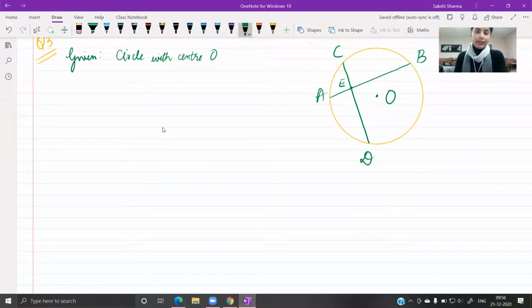So I am just writing down that I have been given a circle with center O, but you can always name your circle the way I have told you. Circle in the brackets, center comma the radius, and you can write down the radius R for this one also, doesn't matter, although we will not be using it in any of our proofs. AB equals CD. These are the chords. You can write down chord AB equals chord CD.